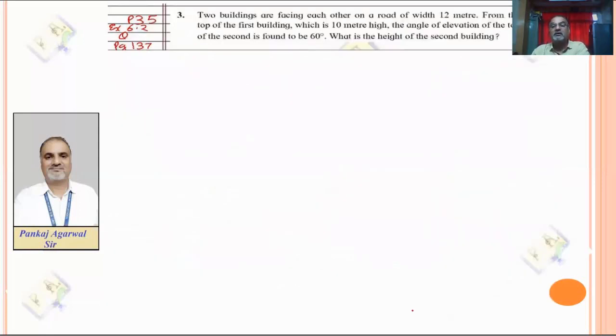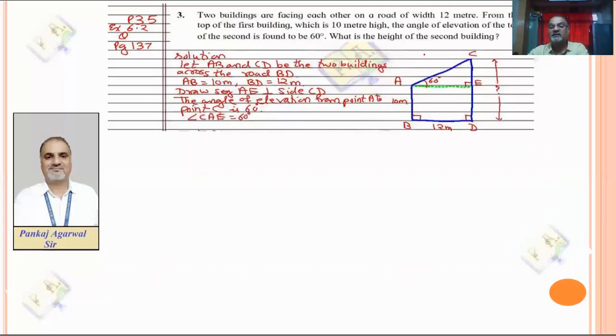Now, let's begin with the rectangle type of questions. Two buildings are facing each other on a road of width 12 meter. From the top of the first building, which is 10 meter high, the angle of elevation of the top of the second is found to be 60 degree. What is the height of the second building? We will draw two buildings.